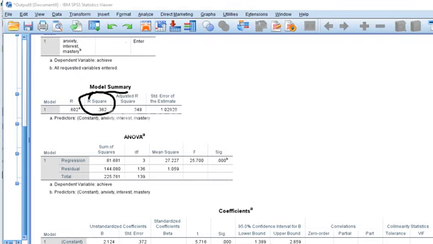This is being used as an estimator of rho square within the population. I'm just going to denote this as rho square with a subscript of y dot x, x1 through 3 in this particular demonstration.